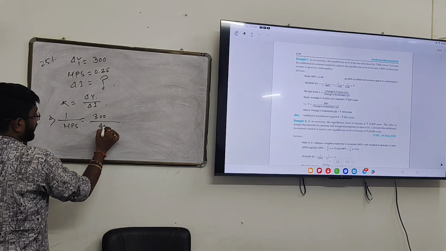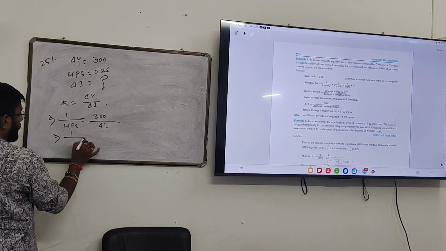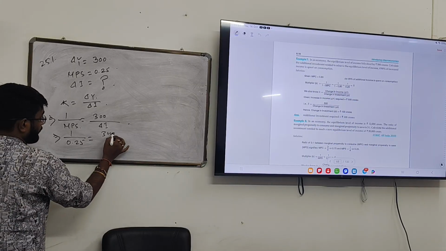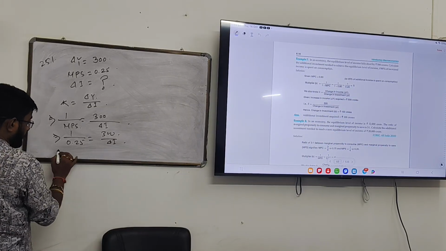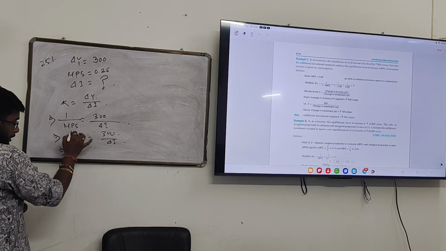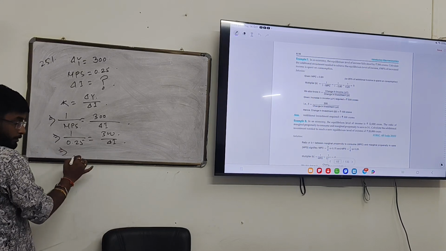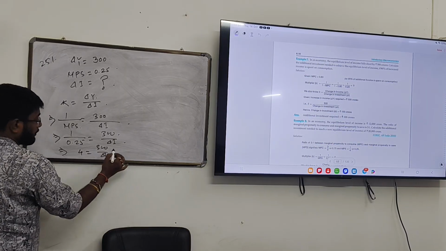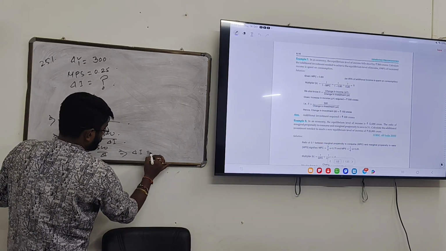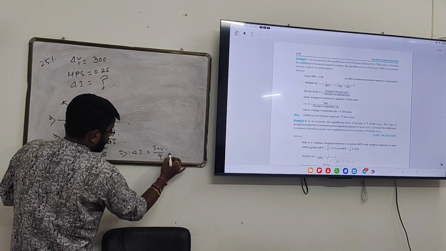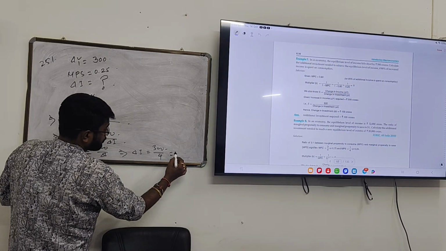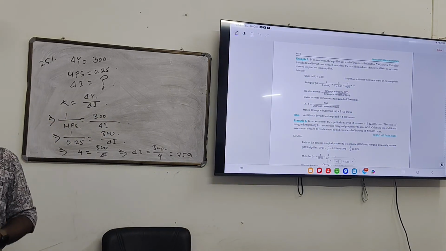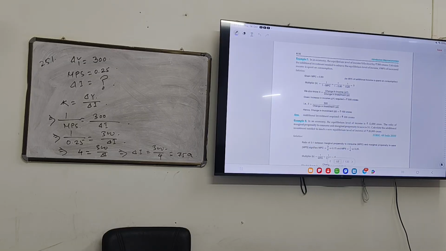Now 1 by 0.25 is equal to 300 by delta I. 1 by 0.25 is 4, so 4 is equal to 300 by delta I. Then delta I is equal to 300 divided by 4, which is equal to 75. Since the question is in crore, the answer is 75 crore.